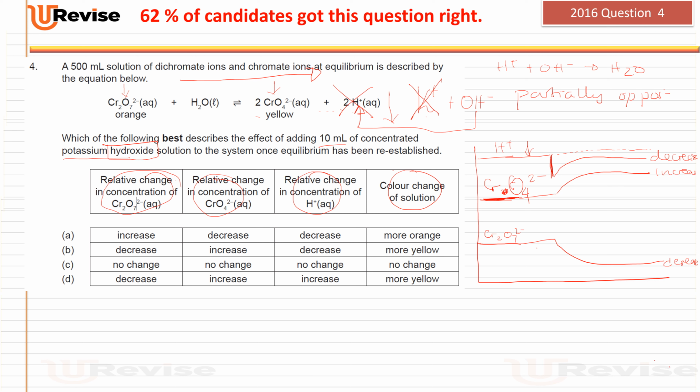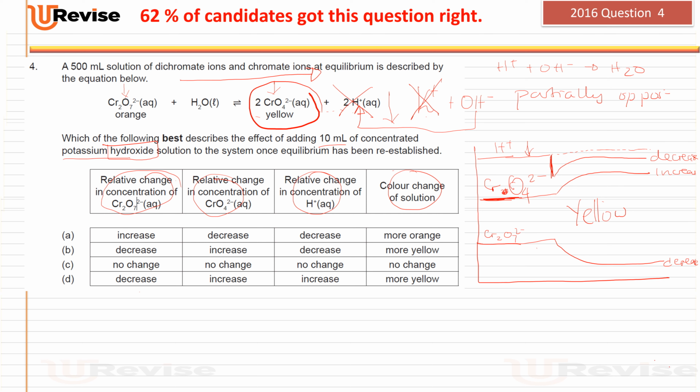Now, what happens with the overall color? Because we're increasing the concentration of chromate ions, the solution is going to go more yellow. So we are looking for H plus increase or decrease.